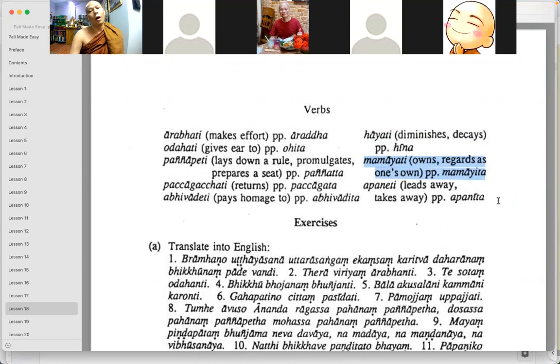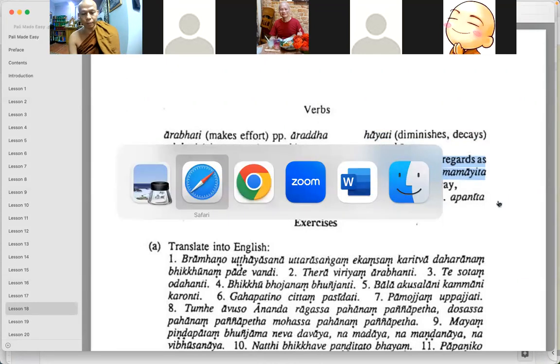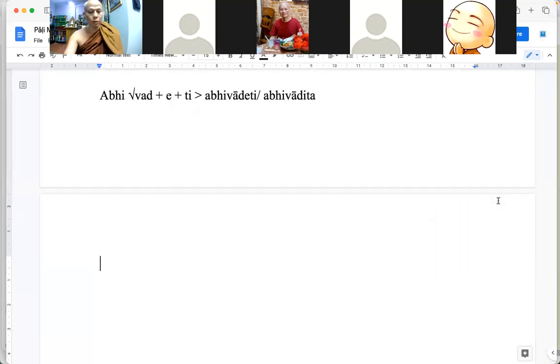And then now this one we need to know. In Pali, denominative verb. Noun, maybe some are adjective, maybe some are adverb, to which we add some special suffix.